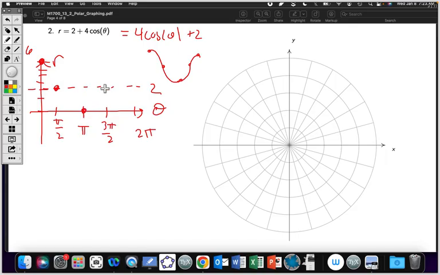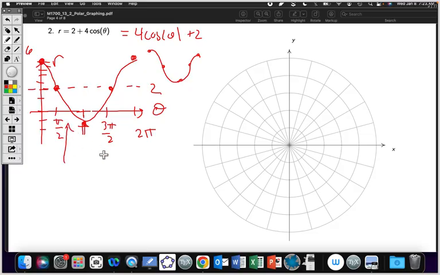It'll be 0. And then back to 2. Well, excuse me, I stand corrected. It's 4 units from the baseline. So 4 units from the baseline would get me down to negative 2. And then back to the baseline and back up to 6. Okay, so then I connect these dots in a pleasing pattern.